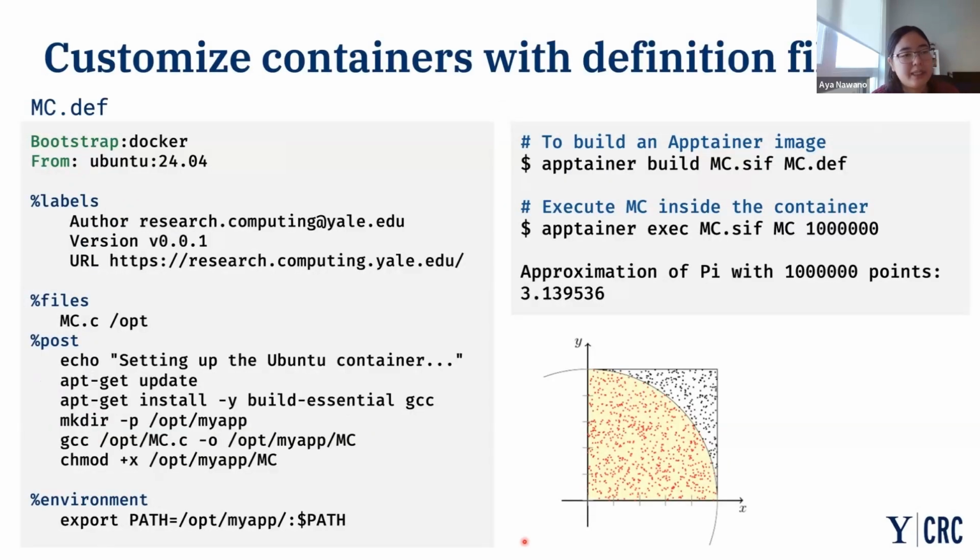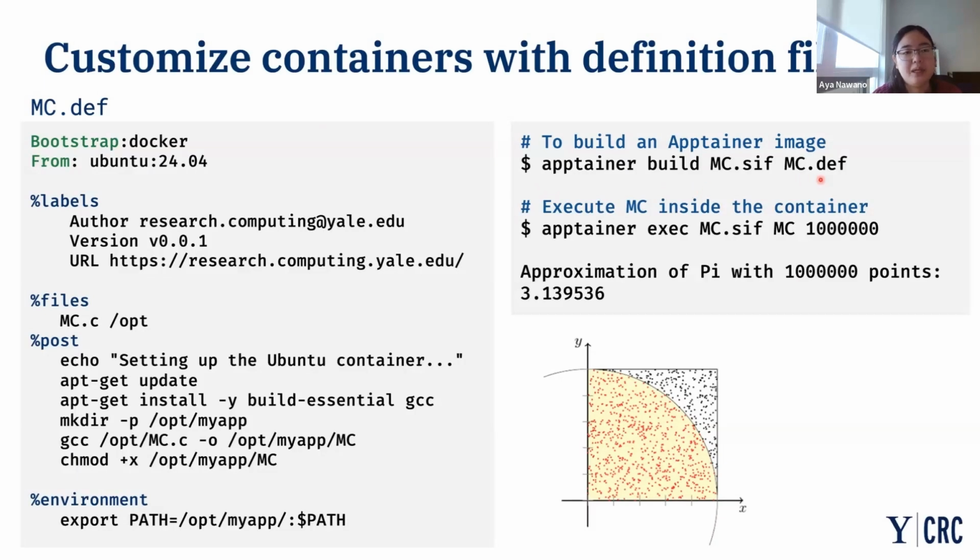So we'll put all these sections together and make it into a single text file called mc.def. And as we saw earlier, we can build an Apptainer image using this definition file with apptainer build mc.sif mc.def.